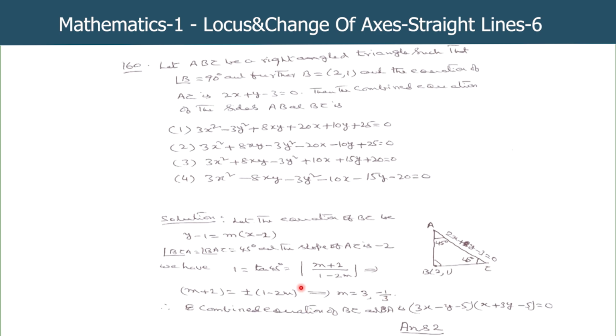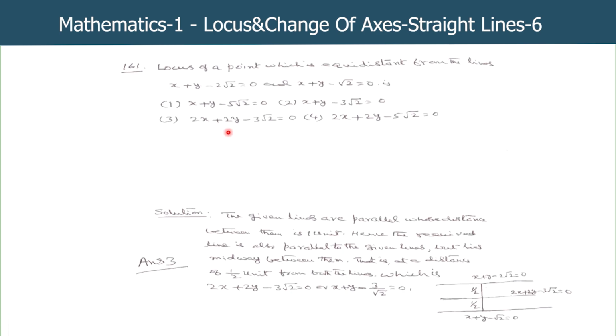Now, if you substitute the values 3 and minus 1 by 3 in the equation y minus 1 is equal to m into (x minus 2), you will get the individual separate equations of the sides. If you multiply those two, you will get the combined equation, and the combined equation of those two lines is nothing but given by option number 2.